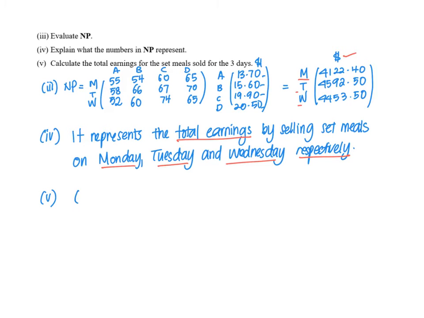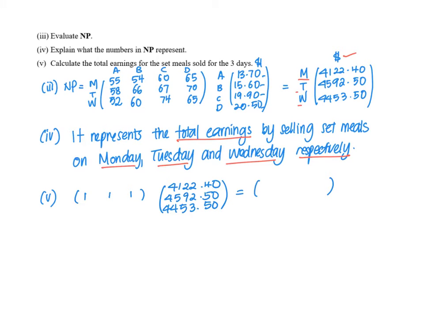row matrix 1, 1, 1 and multiply it to the column 4122.40, 4592.50, and the last but not least, this amount. So when we use this row matrix here, it actually helps to sum up the total for all the different earnings.